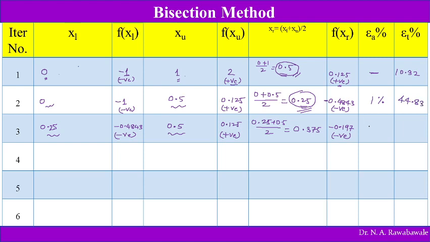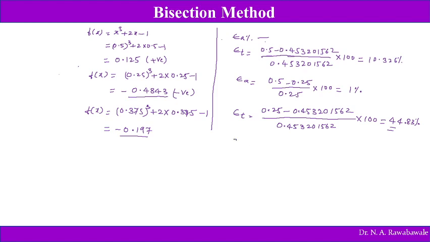Now again we want to find the approximate error. The previous approximation is 0.25 and the new approximation is 0.375. So the approximate error is 0.375 minus 0.25.